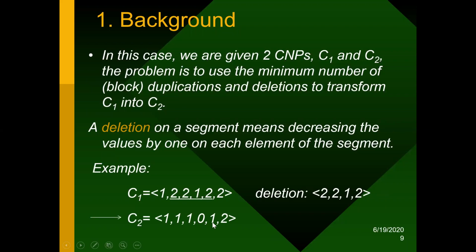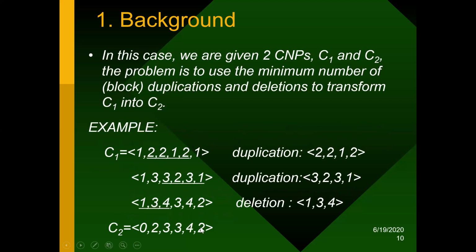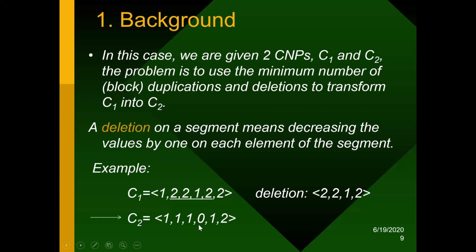A deletion is exactly the opposite. You decrease the values of this subvector by 1 at each position. The only thing you have to be careful about is that if a value is already 0, you cannot decrease it further to negative. So the CNPs must always be composed of non-negative values.